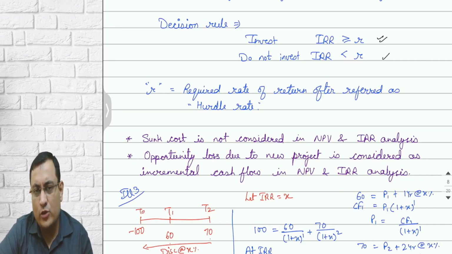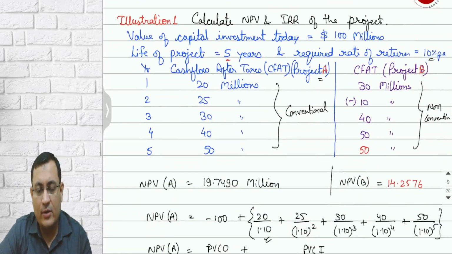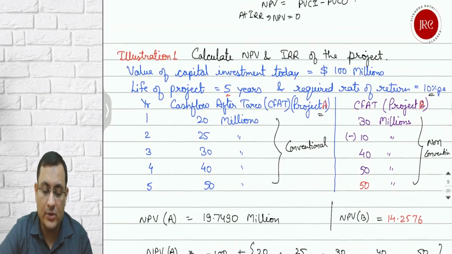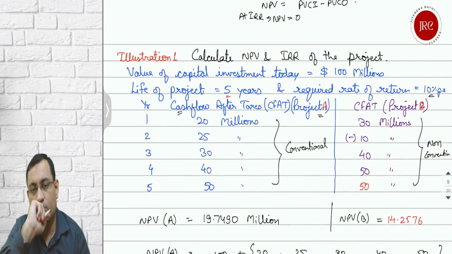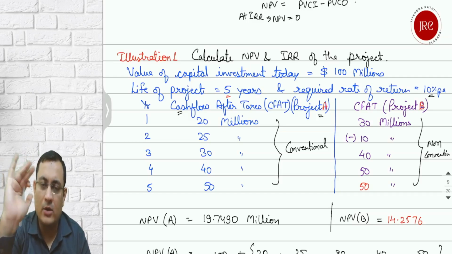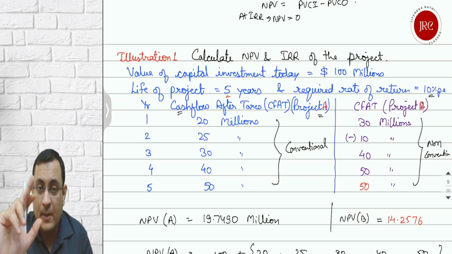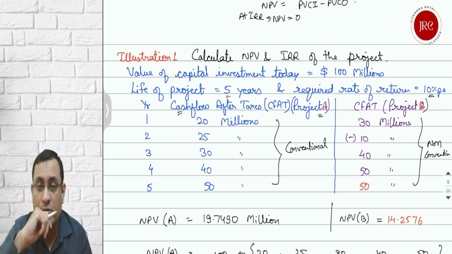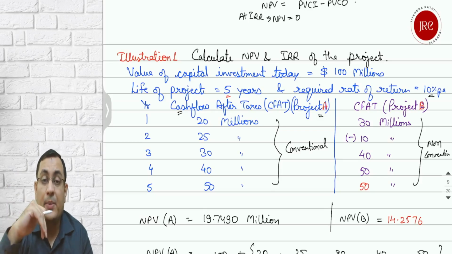A few small things we should be aware of while doing this cash flow analysis, because here I have already given you cash flow after taxes. So first of all, I am writing cash flow. What do we mean by cash flow? Cash flow means sales, less variable cost already paid, less fixed cost already paid. Depreciation is already subtracted, but this is a non-cash cost. But let's subtract depreciation also.